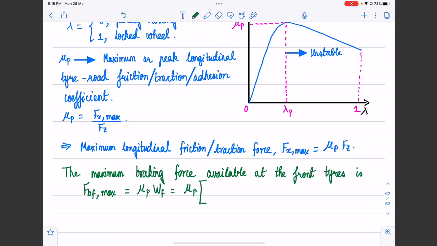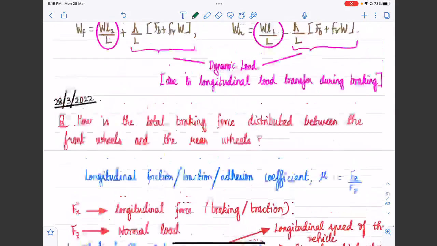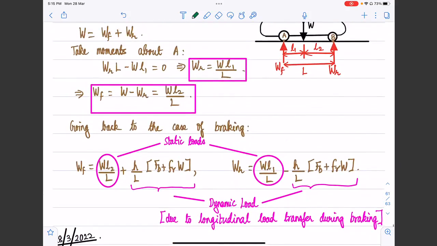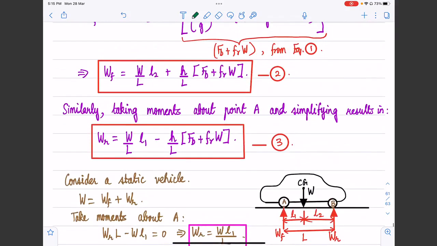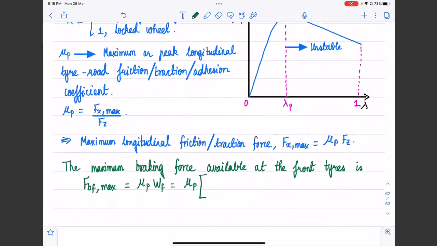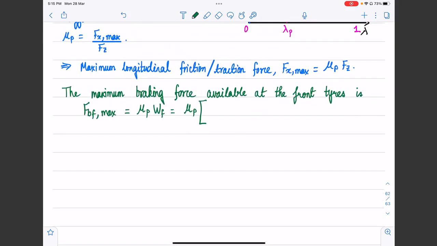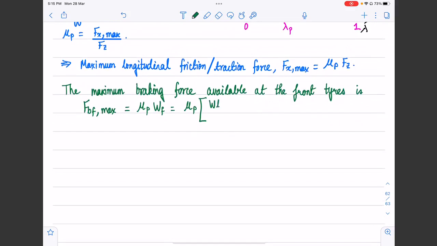P times, if we go back, let's look at the expression for WF. So we got an expression for WF in this manner. You recall from equation number 2, WF was WL2 by L plus H by L times FB plus FRW. So that's what we are going to substitute here. So we are going to get mu P times WL2 by L plus H by L multiplied by, of course, FB plus FRW.